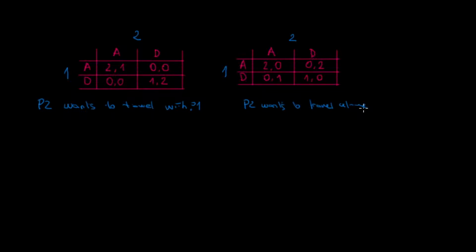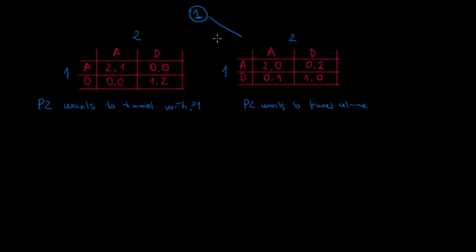Now the thing here, and why we are in a Bayesian game, is that player 1 doesn't know whether player 2 is type 1 or type 2.